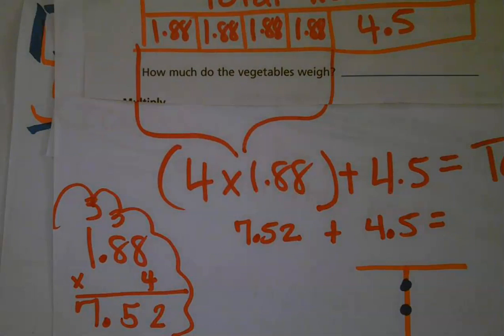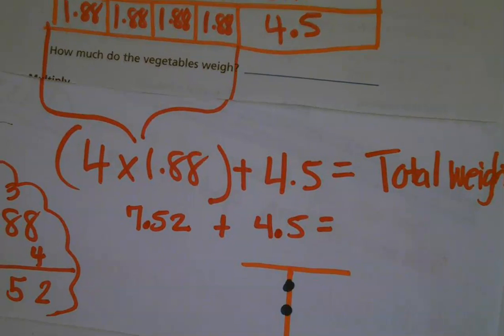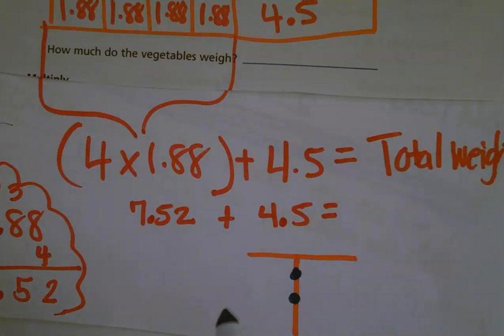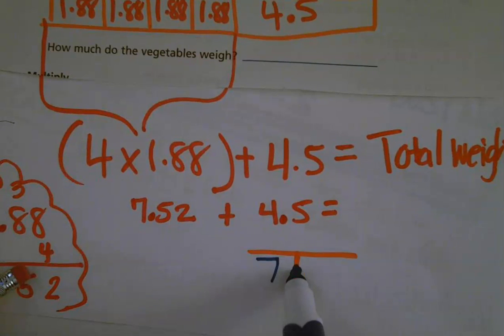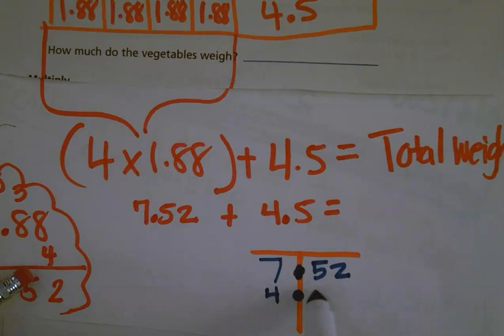Now when I add 2 decimal numbers, I just want to remind you that we have to line up the decimal points. And so it's helpful if we are using a T-chart or a quick place value chart to write that. So I'm going to take my 7.52, put my decimal point on the line to keep them lined up, and then I'm going to add 4.5 to it, lining up tenths with tenths. Then I can annex a 0 here if I wish.